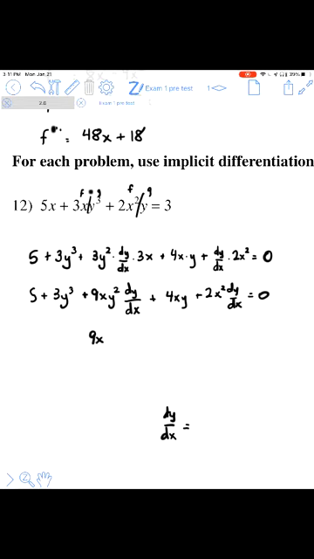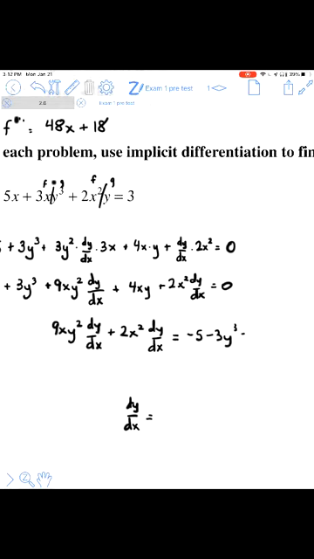So the 9xy squared dy dx stays on the left. The 2x squared dy dx also stays, but I subtracted the 5 over, I subtracted the 3y cubed over, and I subtracted the 4xy over.